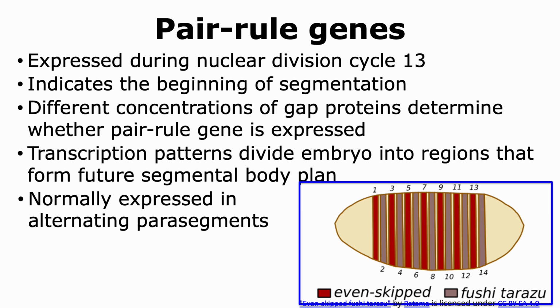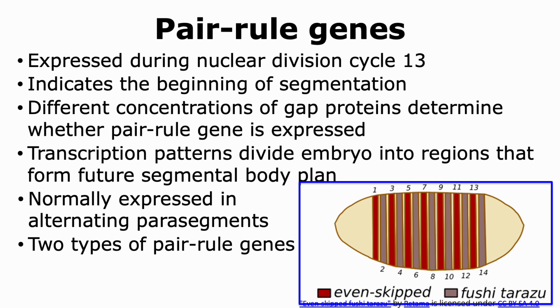When we look at the expression of Fushi tarazu, we also see 7 stripes. However, the 7 stripes of Fushi tarazu do not overlap with the 7 stripes of even skipped. And thus, we will actually see 7 stripes that are the expression patterns of pair rule genes. And in many cases, we could have alternating patterns.